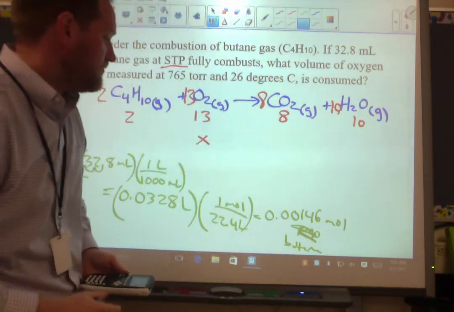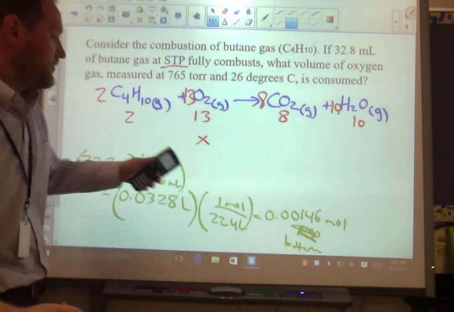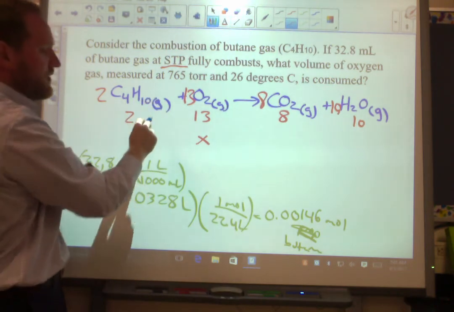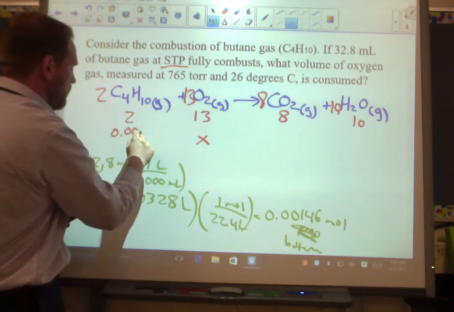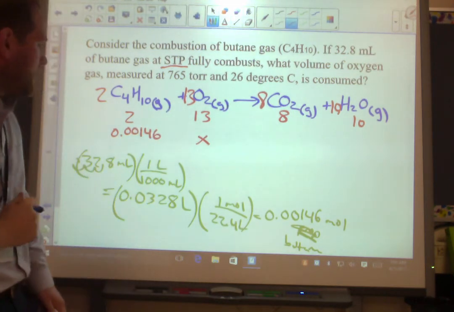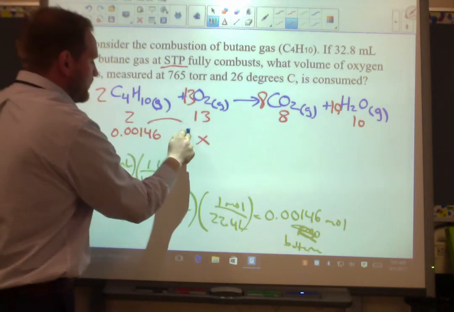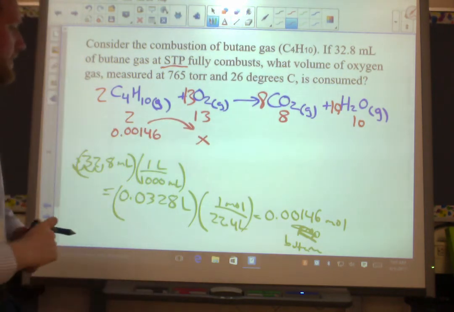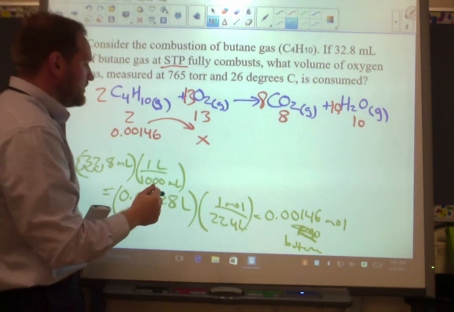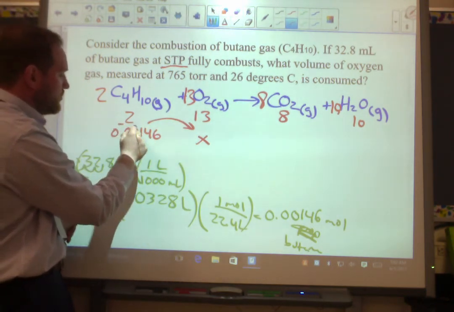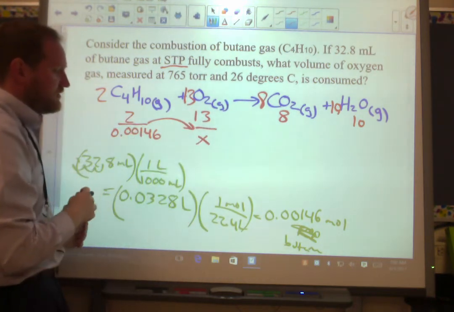Butane. Okay, so let me change color here. I'll plug this in where it goes. Now this being my butane, I'm going to put that right here, 0.00146. We're looking to find volume of oxygen gas, so we need to go like this now. How do we do that? It's a 2 to 13 ratio, which is tricky. So you might want to do your cross multiplying here, where you would say 2 over this equals 13 over x, 2x equals 13 times that, and you can find x.